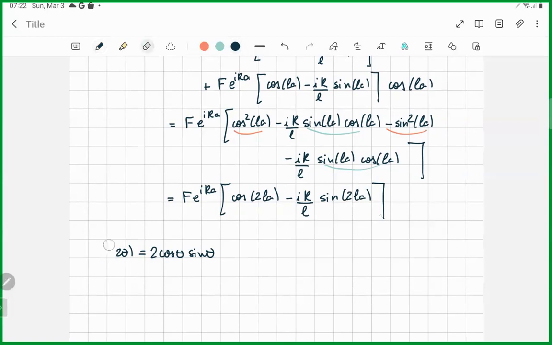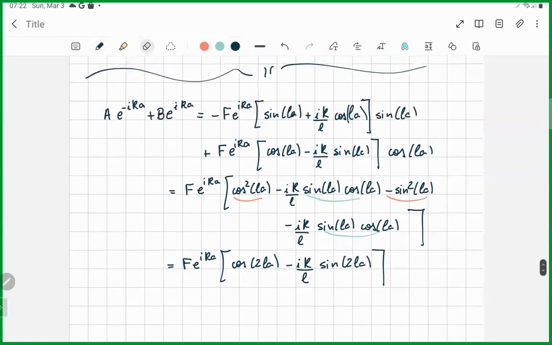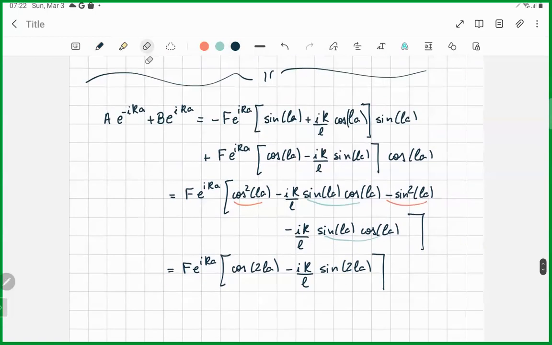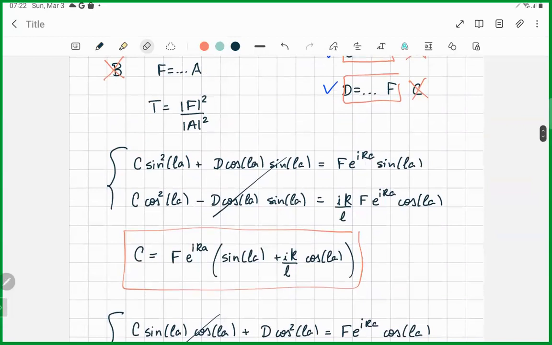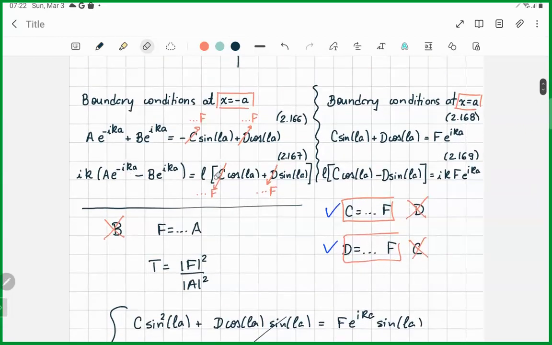All right. So we got our new equation that has only A and B and F. No? So we got rid of C and D. That's what we wanted in one of the equations. Let's do the same now for this second equation here. Okay, so we are going to do the same trick.